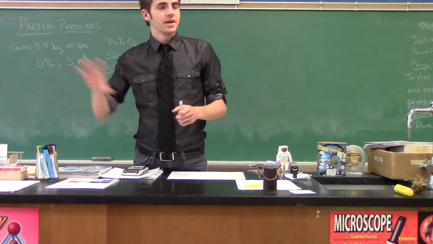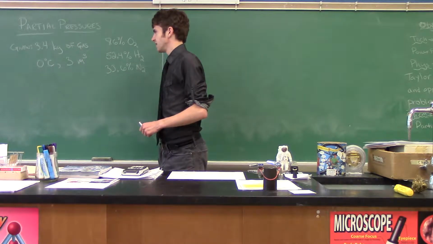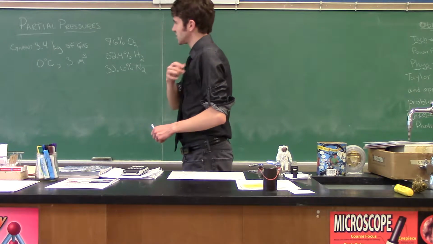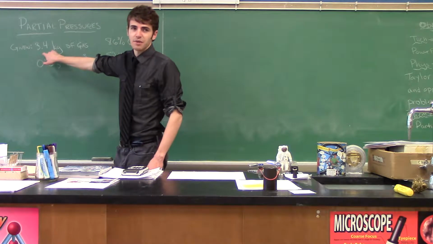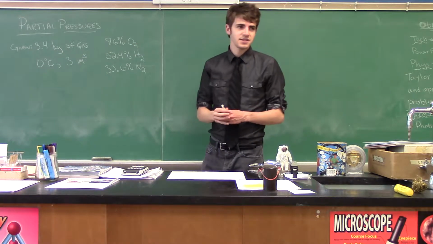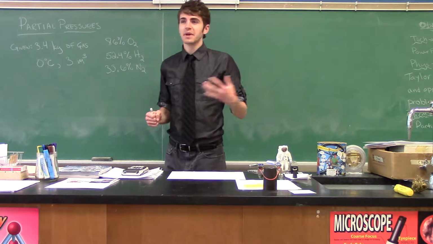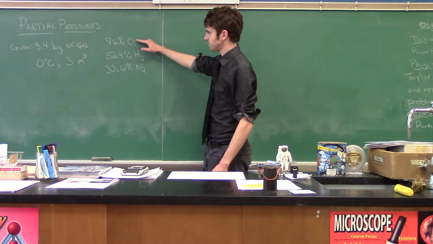Now, I've already put a little given problem up here that we're going to work out in the beginning of class. So, we have in this situation a total mass of 3.4 kilograms of gas. Now, right away, we should note that this gas is a mixture of multiple gases, and they're listed right here.